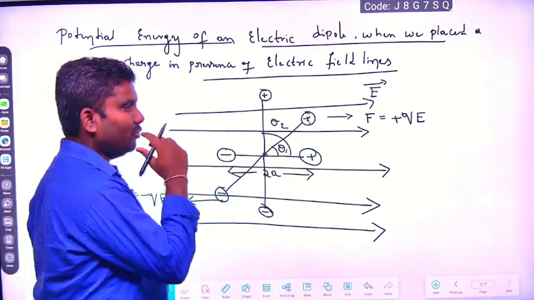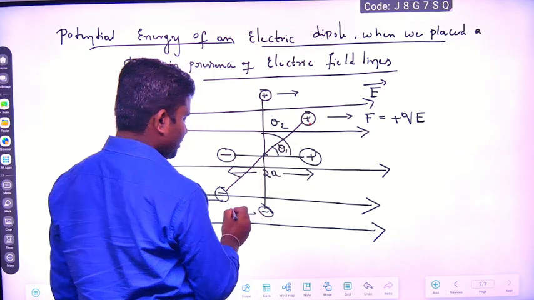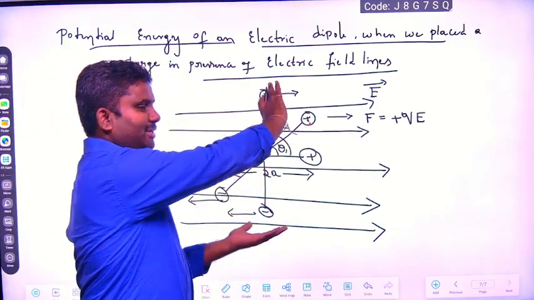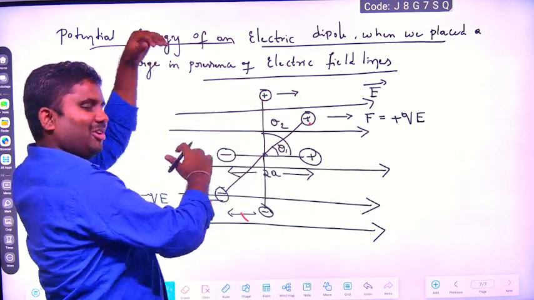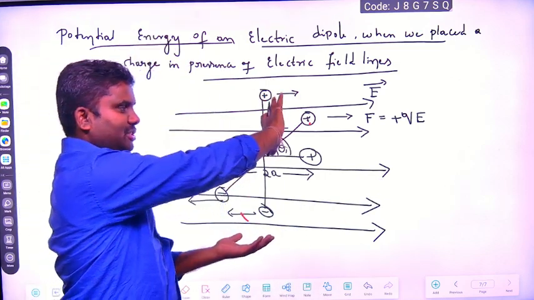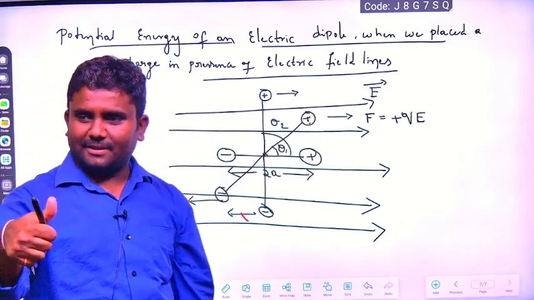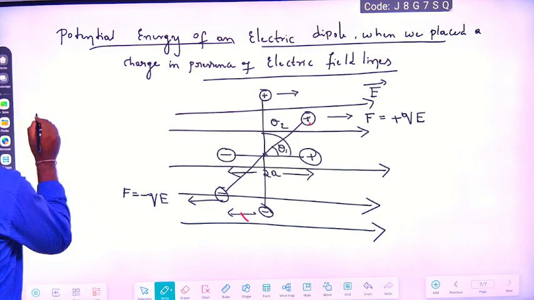Now the force is on this side and this will be on this side. Now it will tilt clockwise. I tilted it anti-clockwise, but after the application of the electric field, it will tilt clockwise. Understood?